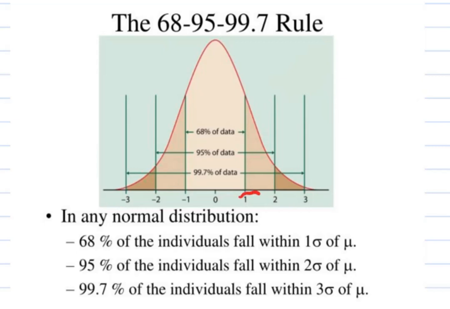But then you can have a second standard deviation. Here's your first, second, third. Or you can go down 1, down 2, down 3 standard deviations. Each one of these is another standard deviation. Here's 1, here's 2, here's 3. Or -1 standard deviation, -2, and -3.